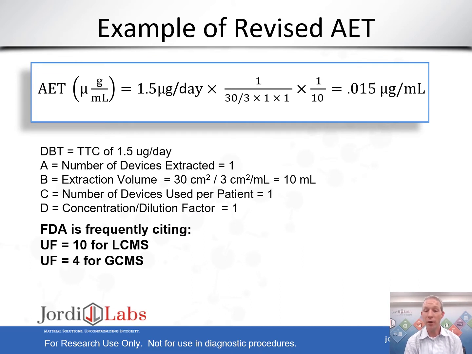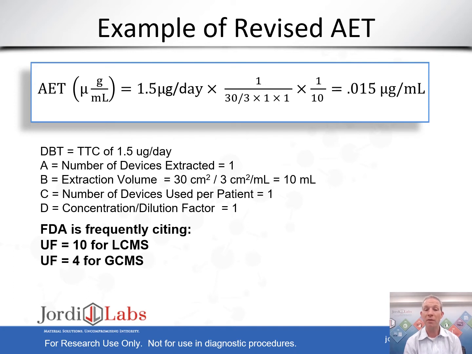Now that sounds good, but there is still another problem, and I want to show it to you in the above calculation. So here we have the AET equation, and we've applied the TTC value for a lifetime exposure of 1.5 micrograms per day. And we've used an extraction volume of 10 mils, which is a relatively small and conservative extraction volume.